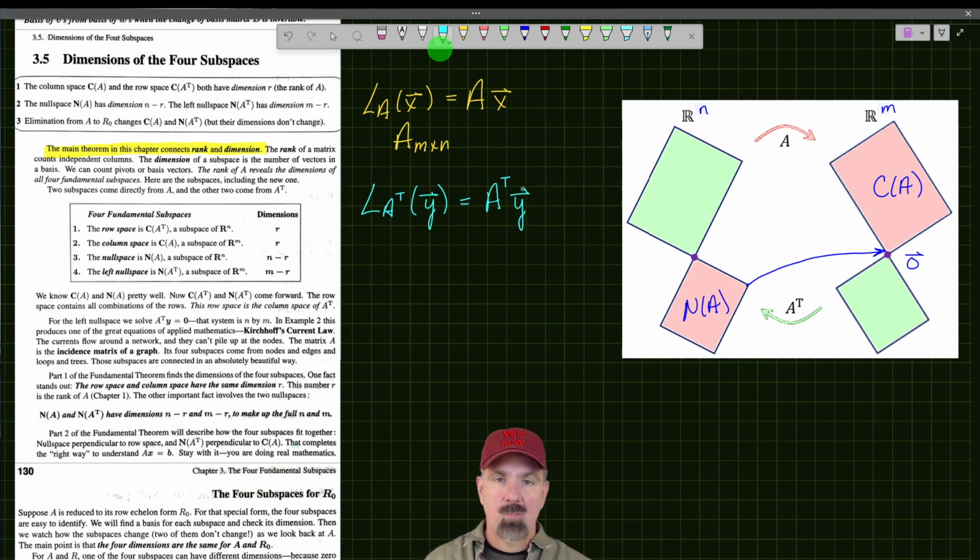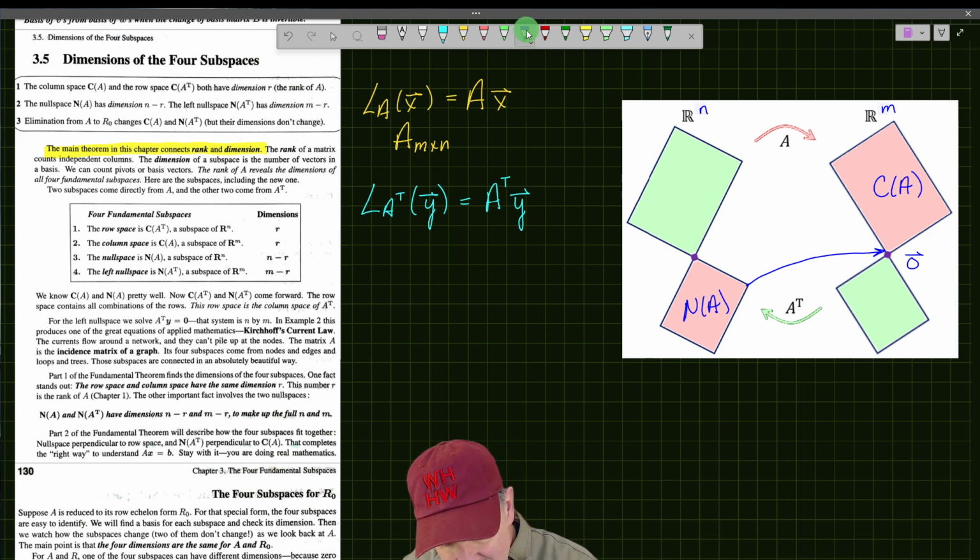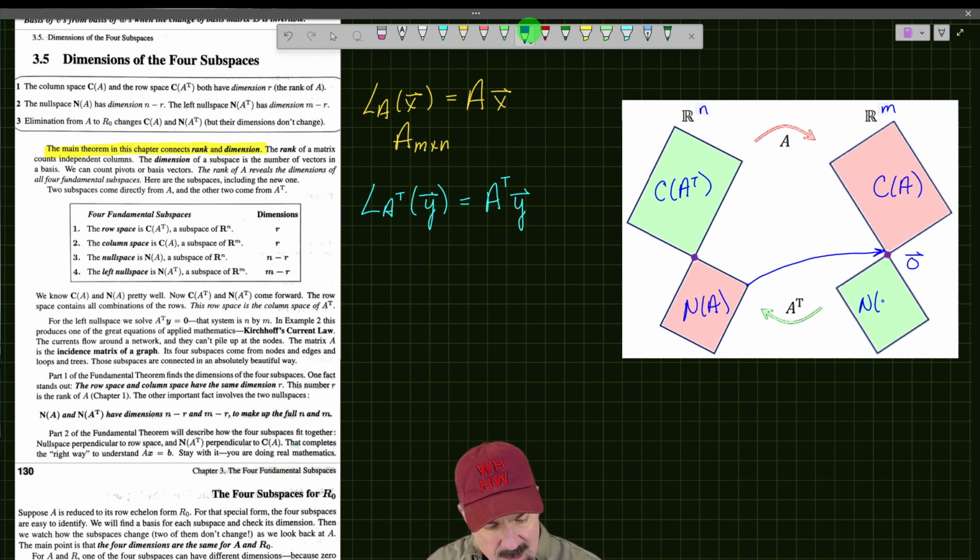So we have y inputs on the Rm side that are now being mapped over to Rn. The spaces match up exactly the same. The column space of A transpose is over here, and the null space of A transpose is on the input side. You recognize the column space of A transpose: that's the row space of A. So the row space of A and the column space of A transpose, those two things are the same.